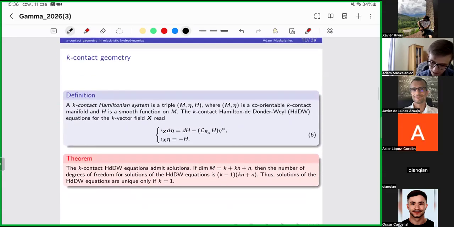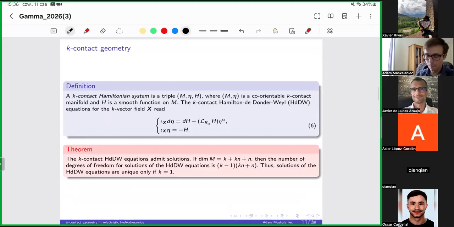Okay, so this is another feature of these k-contact Hamilton-de Donder-Weyl equations that suggests that they might be a proper framework for our physical problem, because we expected that the pseudo-gauge transformations are allowed because those solutions of the Hamilton-de Donder-Weyl equations are non-unique.